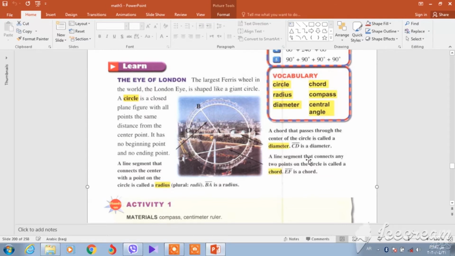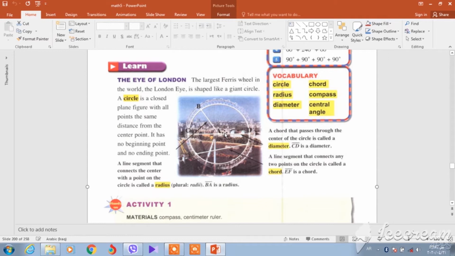A line segment that connects any 2 points on the circle is called a chord. For example, EF is a chord, but it's not a diameter because it doesn't pass through the center. It just makes a line segment between 2 points on the circle. I have a question for you, students.